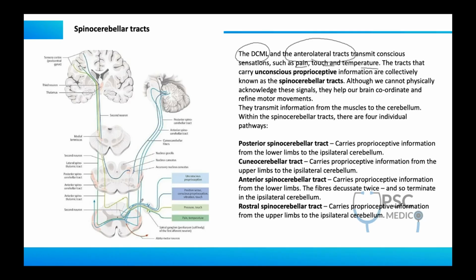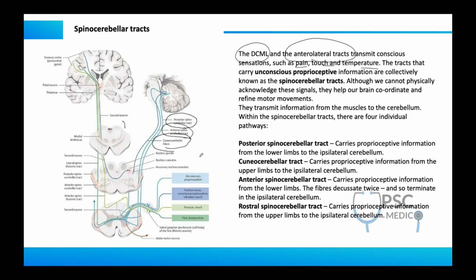Its logic is simple. From the spine, instead of entering the brainstem, they enter the cerebellum. These tracts are the posterior spinocerebellar tract, anterior spinocerebellar tract, cuneocerebellar tract, and also the rostral spinocerebellar tract.